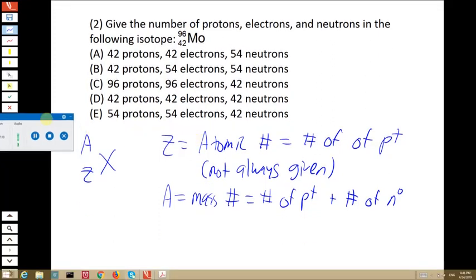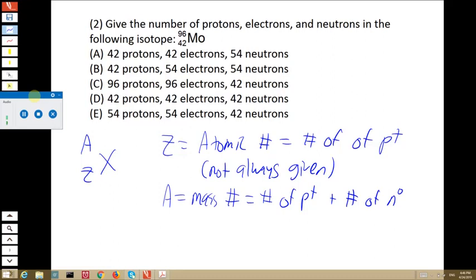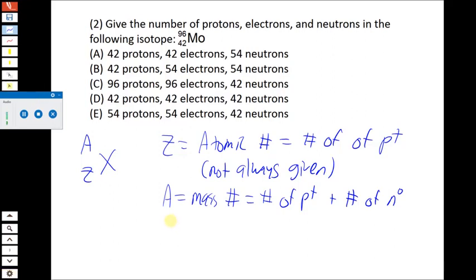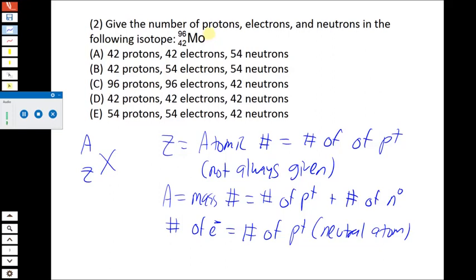So if we want to be able to determine then the number of electrons, the last thing is the number of electrons is just going to be equal to the number of protons if it's a neutral element. Okay? If it's an ion, you would have to adjust that by either adding or subtracting electrons based on the charge. The charge will be given up here in the top right. There's nothing there, so we know that this is neutral, meaning it has equal numbers of protons and electrons.